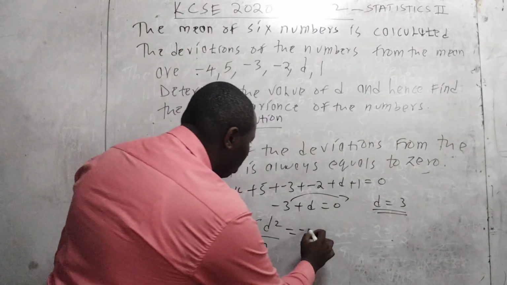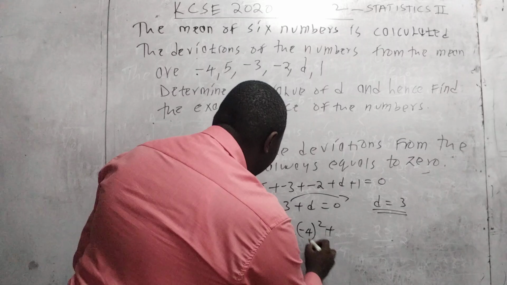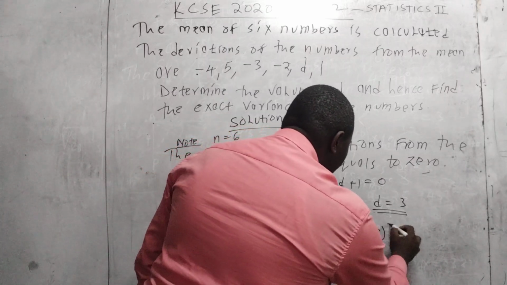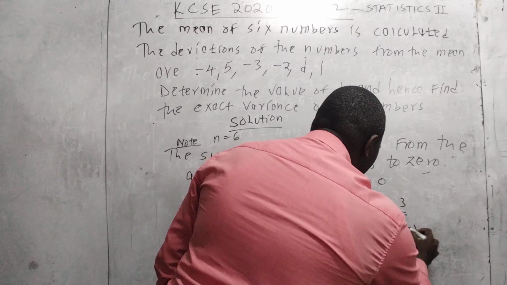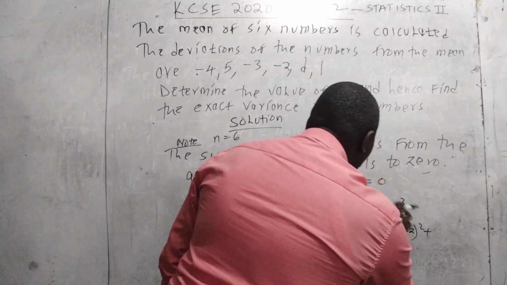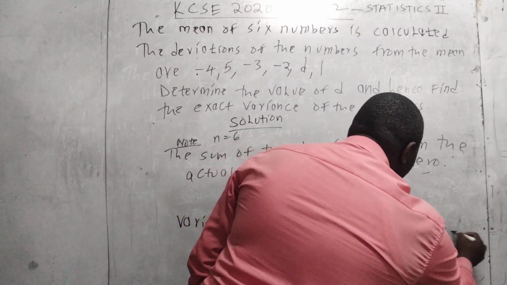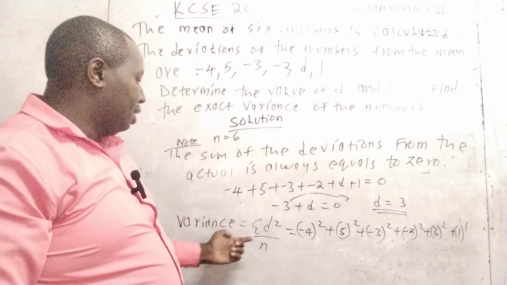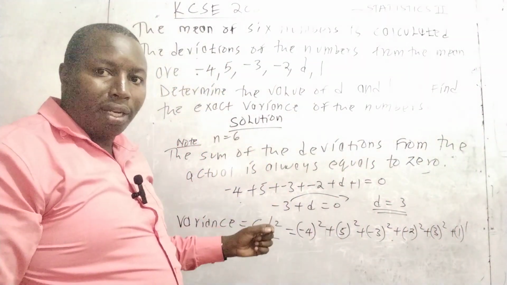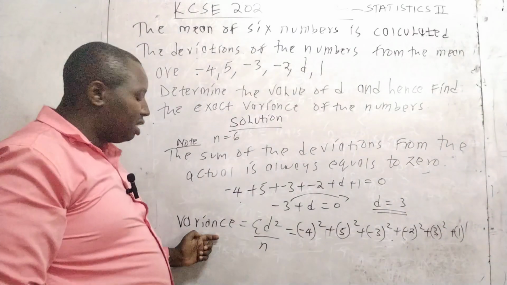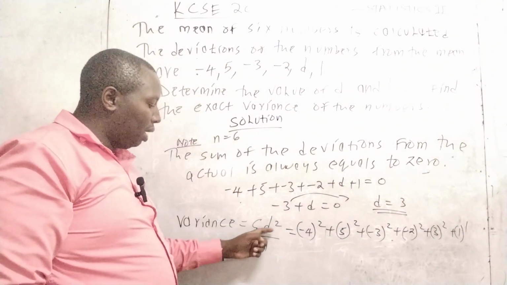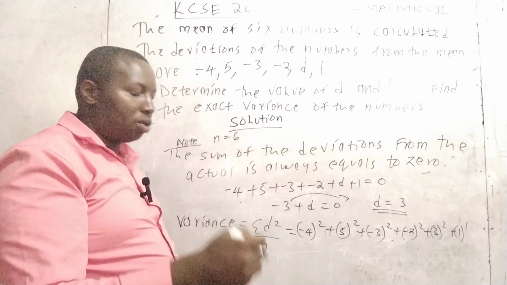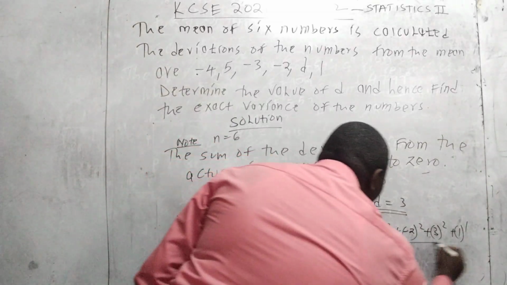So you take -4 squared plus 5 squared plus -3 squared plus -2 squared plus D, which is 3 squared, plus 1 squared. So the variance in this case equals the sum of d squared over n, which is the mean of the squared deviations. Then you divide by 6.